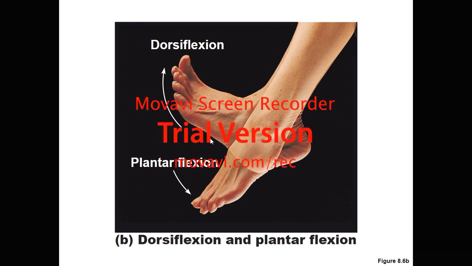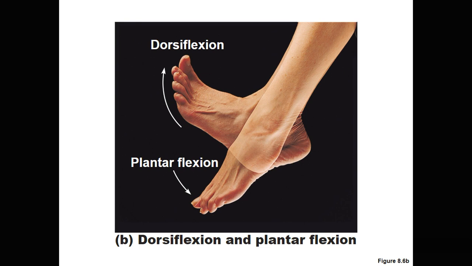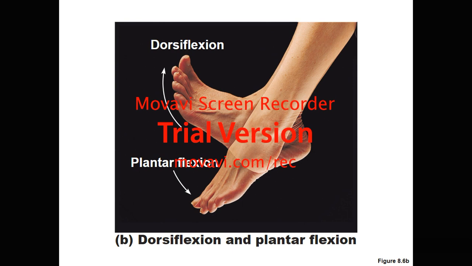Again, it's really simple, but the way I remember it: dorsal means back, the back part of your foot. Dorsiflexion, you're flexing your foot upward, decreasing the angle. And plantar is the bottom part of your foot. Plantar flexion, you're decreasing the angle when you point your toes downward.